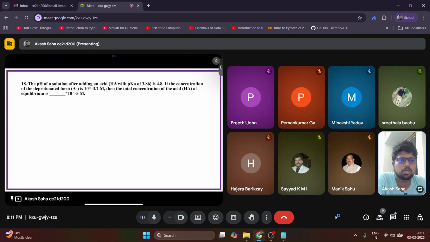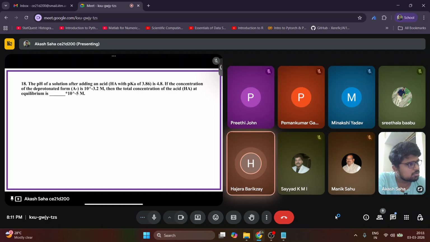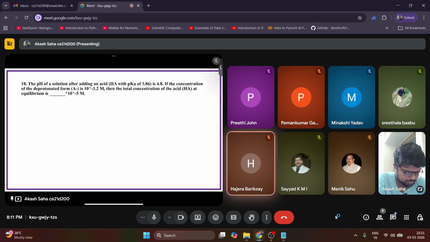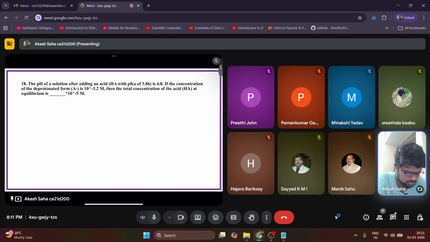Any idea about how to solve this problem? Yes, the Henderson-Hasselbalch equation. Please substitute the values and get me the answer.